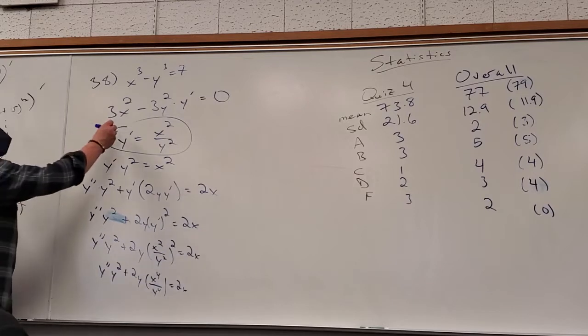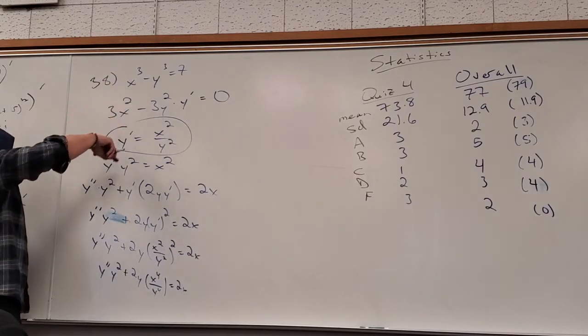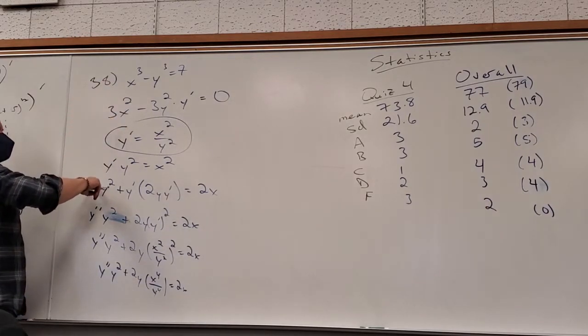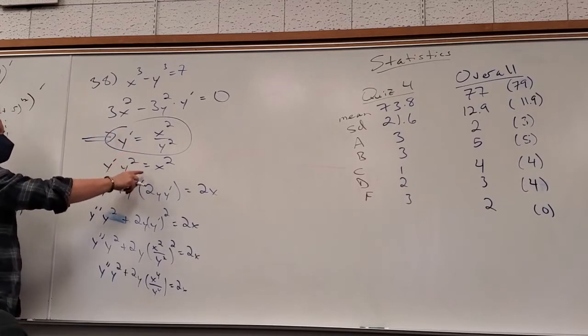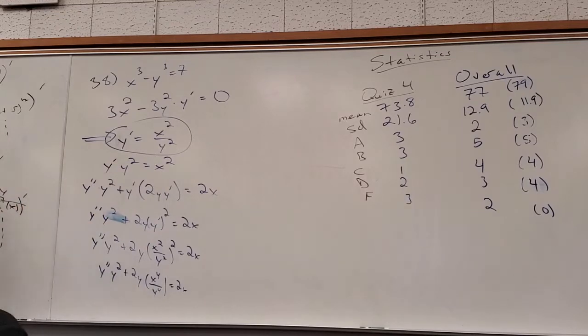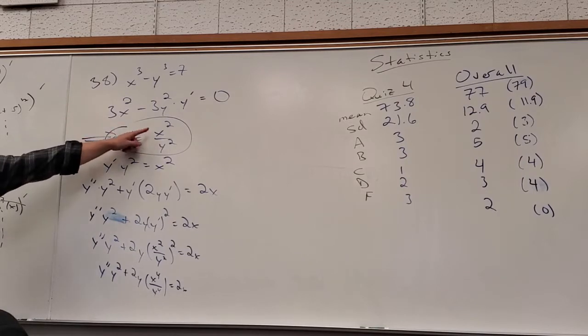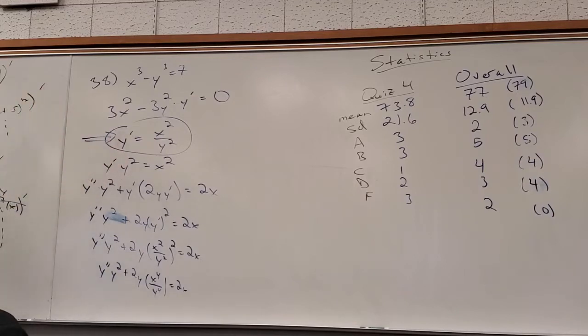So the big thing I want you to realize is, if they want you to find a higher level derivative implicitly, this is a key piece of information for later, because almost definitely y prime is going to show up. But what do I need to figure out the derivative? What's somebody got to tell me about the original function?